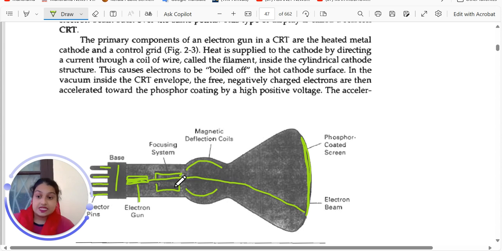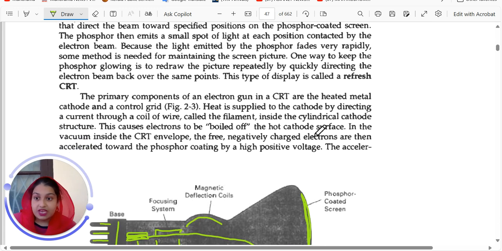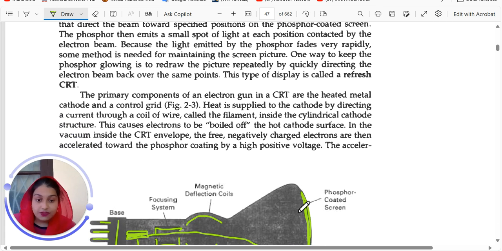So the focusing system and the magnetic deflection system determine where the electron beam should reach on the phosphor coated screen. The phosphor then emits a small spot of light at each position contacted by the electron beam. So wherever there is a contact of the electron beam, the phosphor will emit a small spot of light.